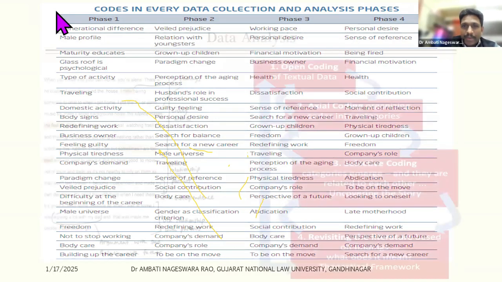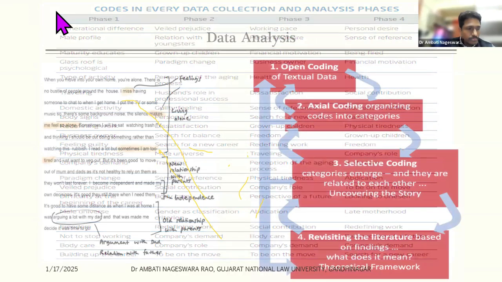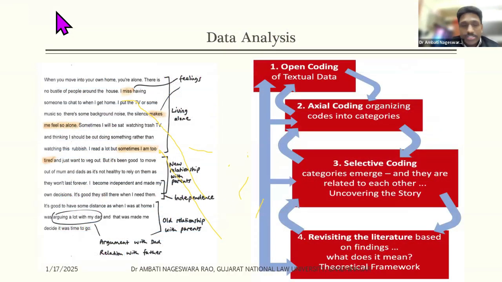Now, this can happen only with the help of grounded theory data analysis. It is something unique. As a part of grounded theory, we have four phases of data analysis. The first one is open coding. Just like thematic analysis, just like phenomenological analysis, as I mentioned earlier, you start familiarizing yourself with the data.